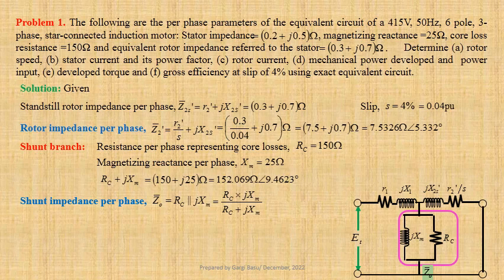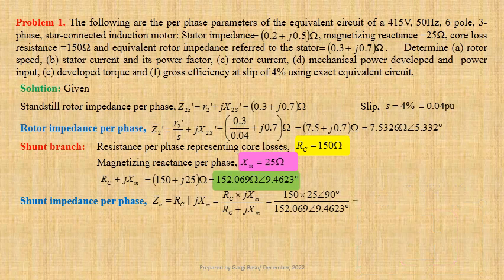Using values we get 150 into 25 at an angle 90 degree divided by 152.069 at an angle 9.4623 degree. That gives us 24.66 ohm at an angle 80.5377 degree.